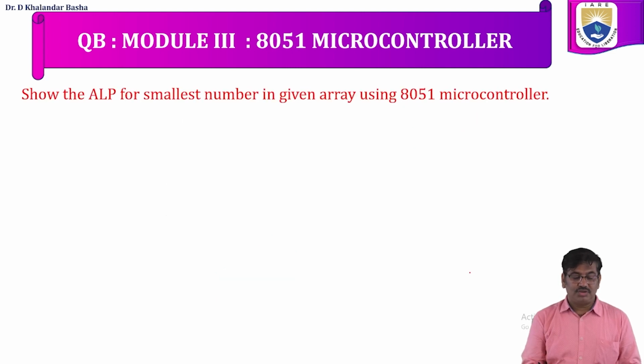Next, the ALP for the smallest number in a given array using the 8051 microcontroller. For finding the smallest number, if you have a series of numbers n1, n2, n3, n4, first we compare n1 with n2. If n1 is greater than n2, the smallest is n2.